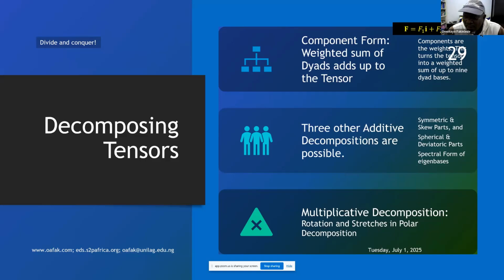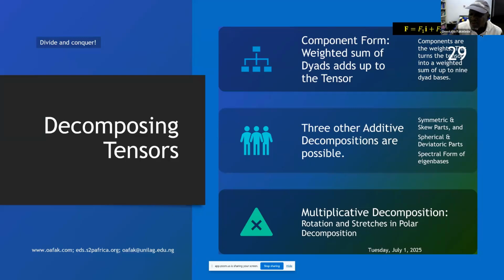So component form is a weighted sum of dyads. There are 9 dyads: e1 e1, e1 e2, e1 e3, all the way until you get to e3 e3. And we saw last week that even when they look alike, they are not related at all in any way. So e1 dyad e2 is not the same thing as e2 dyad e1.